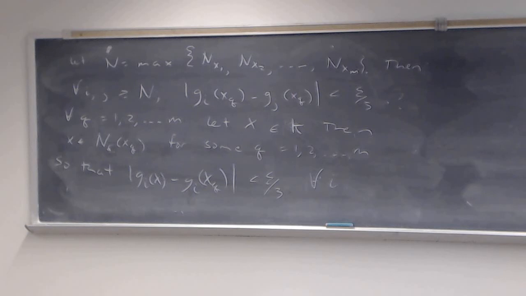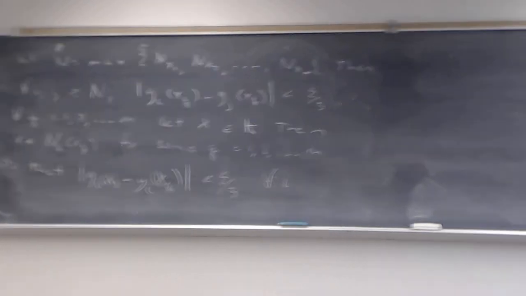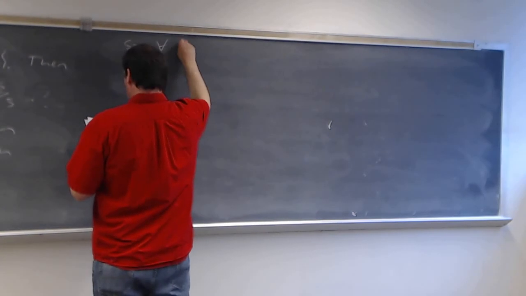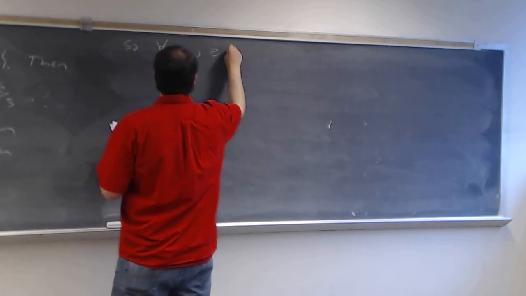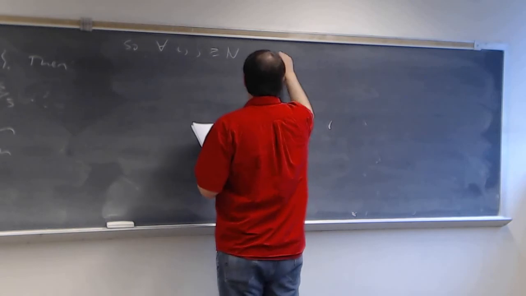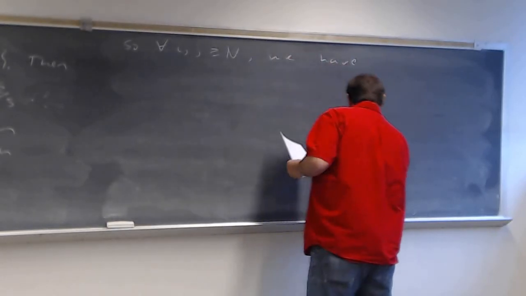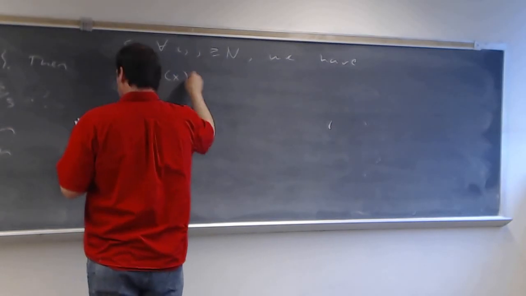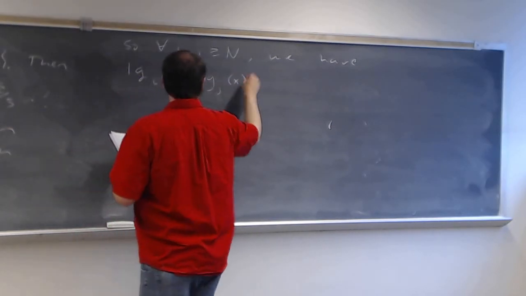That last statement is due to the equicontinuity of the g sub i's. Okay, so for all i and j bigger than or equal to this big N, we have the norm of g sub i of x minus g sub j of x.